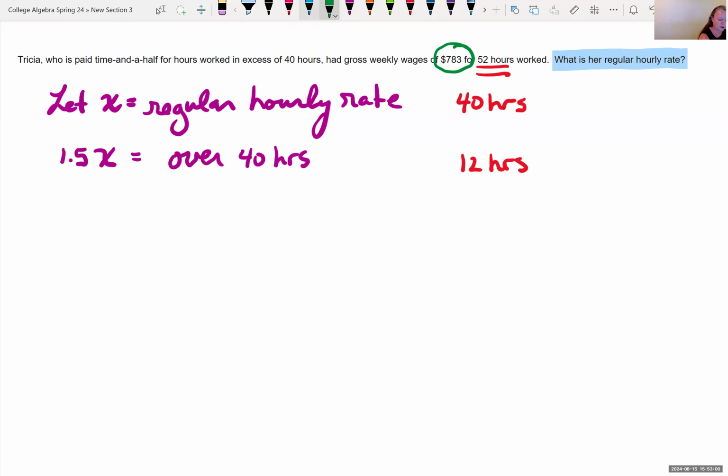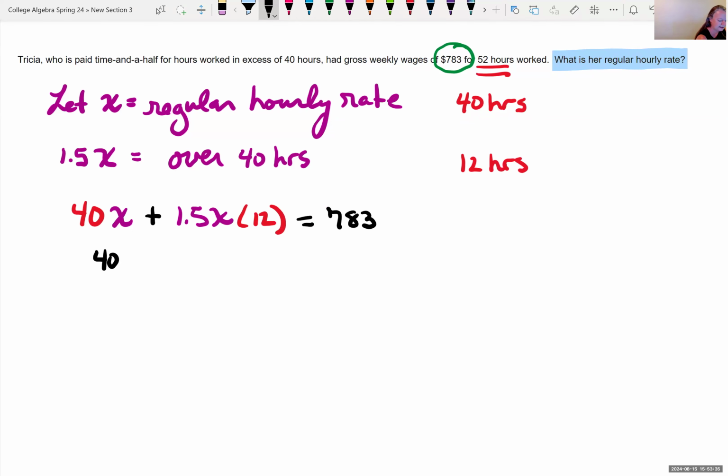So we have 40 hours times the rate of pay, which is x, plus we have time and a half, which is 1.5x, times the number of hours worked, which is 12. It didn't matter which order I had written that multiplication, they're the same. And this is equal to the gross pay of $783. So let's simplify.